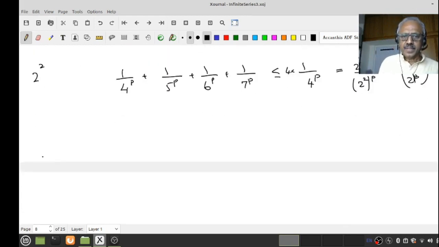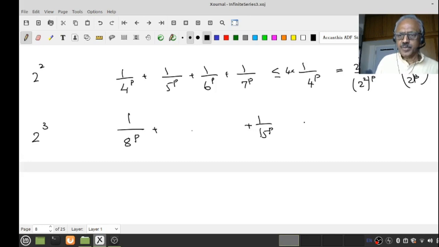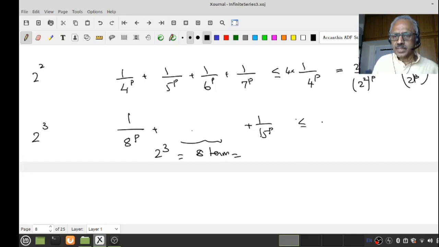Next, I take 2 to the power 3, that is 8 terms. That will start from 1 upon 8 to the power p, and so on. It will go up to 1 upon 15 to the power p. But how many terms are there? 8 terms, that is 2 to the power 3 equal to 8 terms are there. Each one of them is less than or equal to 1 upon 8 to the power p.